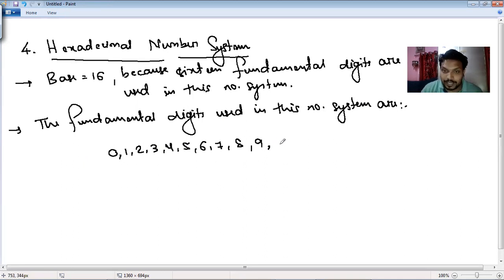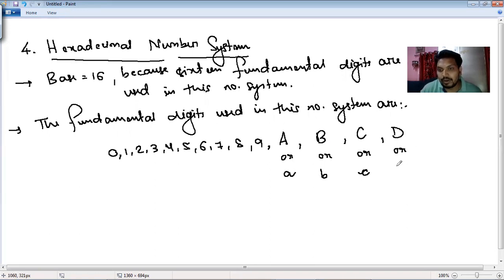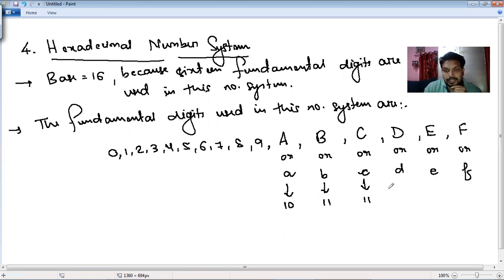In place of 10, you can use capital A or small a, then B or b, C or c, D or d, E or e, F or f. So A represents the digit 10, B represents 11, C represents 12, D represents 13, E represents 14, F represents 15.